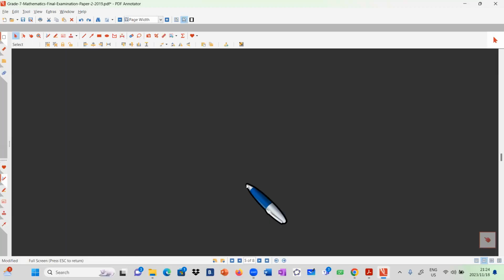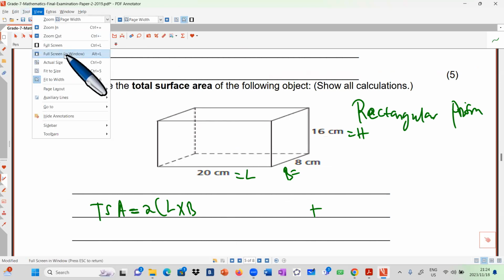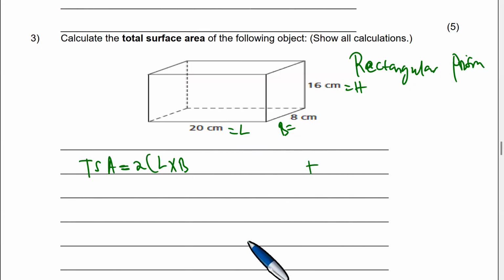Okay. We are continuing. Right, so I was writing the formula, but there was just too much inking on the screen.